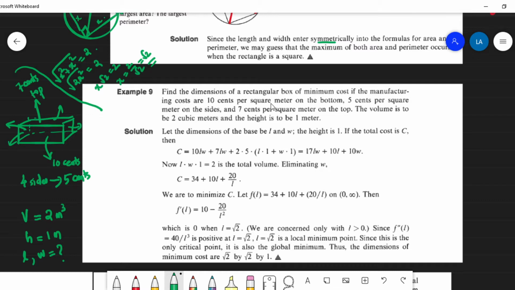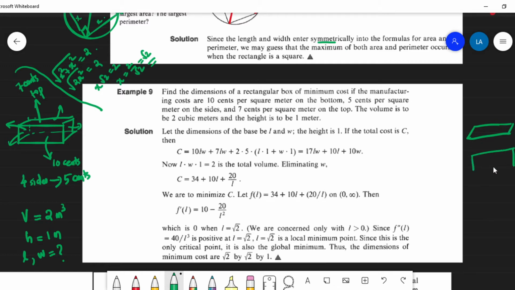Then we know that in the question you are given that 10 cents are required per square meter on the bottom. So for the bottom part of the rectangular box, we are drawing it like this to give it a 3D effect.